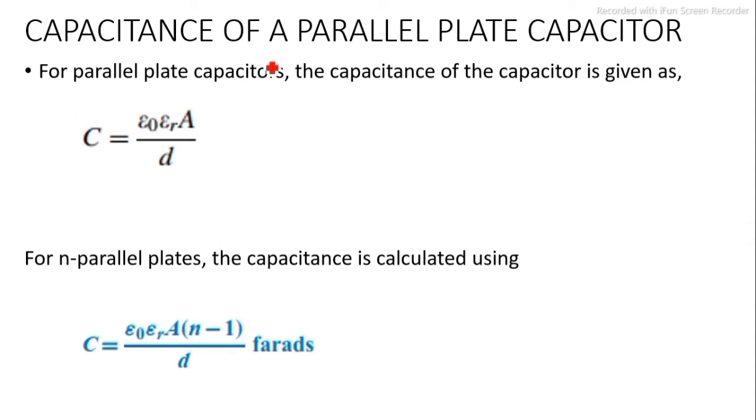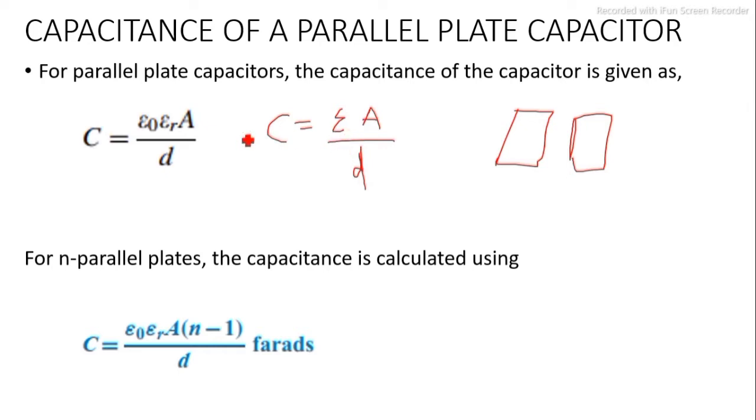The capacitance of a parallel plate capacitor. So you have a parallel plate capacitor, and you want to calculate its capacitance, just the way you calculated the resistance of a wire. Now for your parallel plate capacitor, the capacitance C equals epsilon A over D, whereby C is the capacitance of the capacitor.